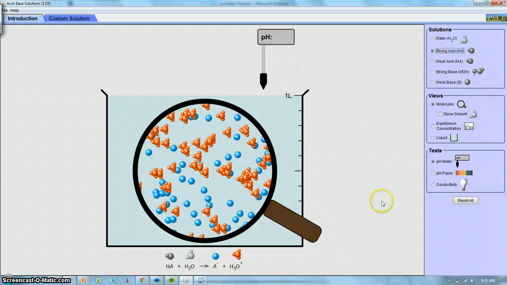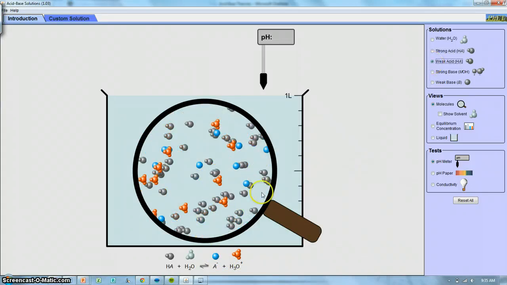A strong acid, on the other hand, as you can see, is almost completely dissociated into its H3O+ and the other ion, the anion. Whereas with a weak acid, a lot of it stays together. You can see the HA mostly staying together, very little of the hydronium and the anion along with it.